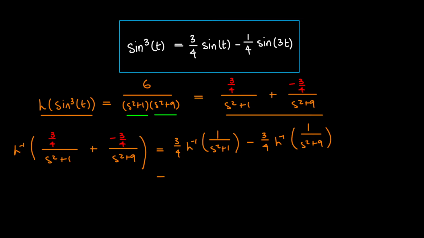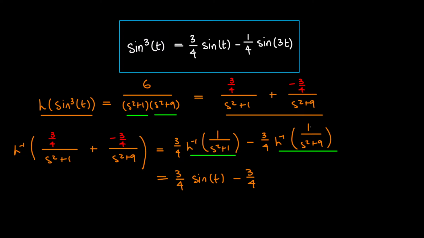So what is this equal to? Now we can read off what these inverse Laplace transforms are, because they're standard ones. They're just going to be equal to, so we'll have 3 over 4 here. Here we're just going to have sine of t. And then we have negative 3 over 4.